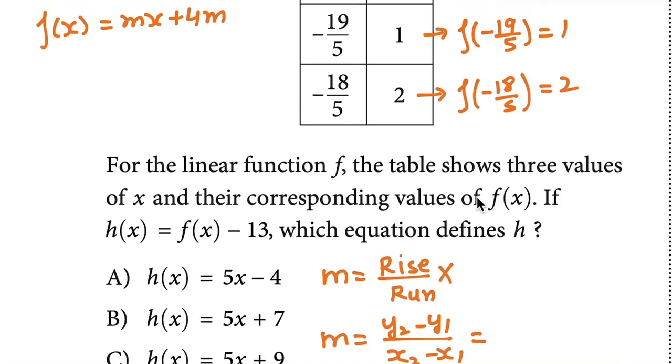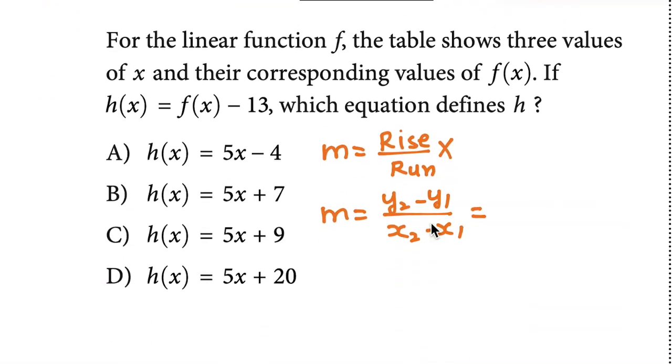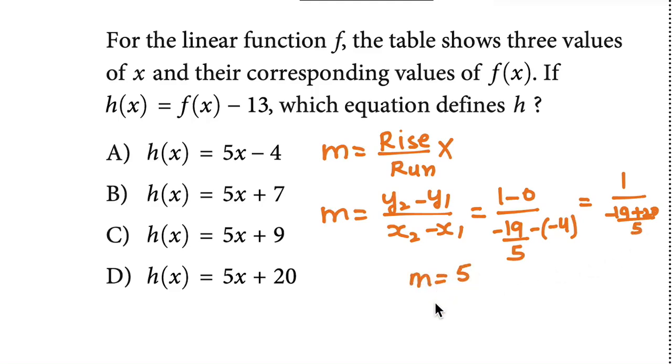So if I take two data points, y2 minus y1 is 1 minus 0, over x2 minus x1, which is negative 19 by 5 and negative of negative 4. So that is 1 over negative 19 plus 20 by 5, which in turn is 5. So this is one way of calculating m.